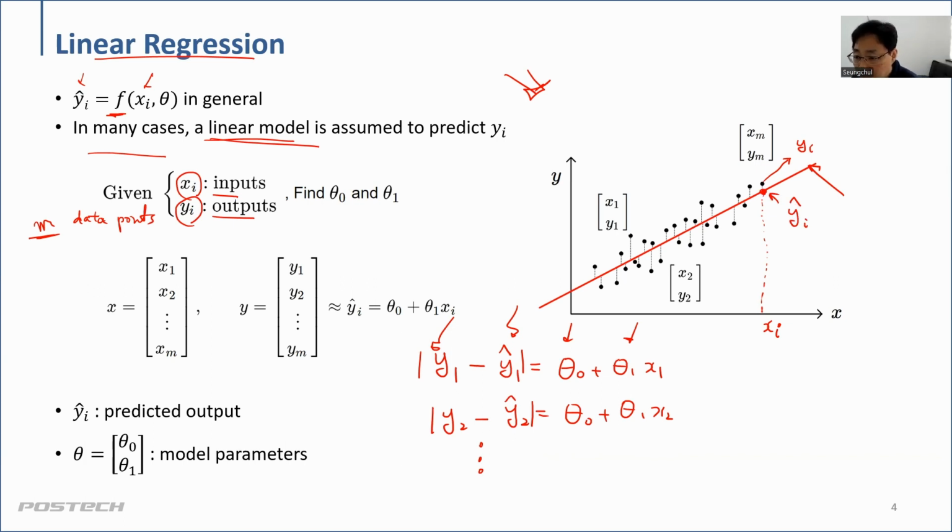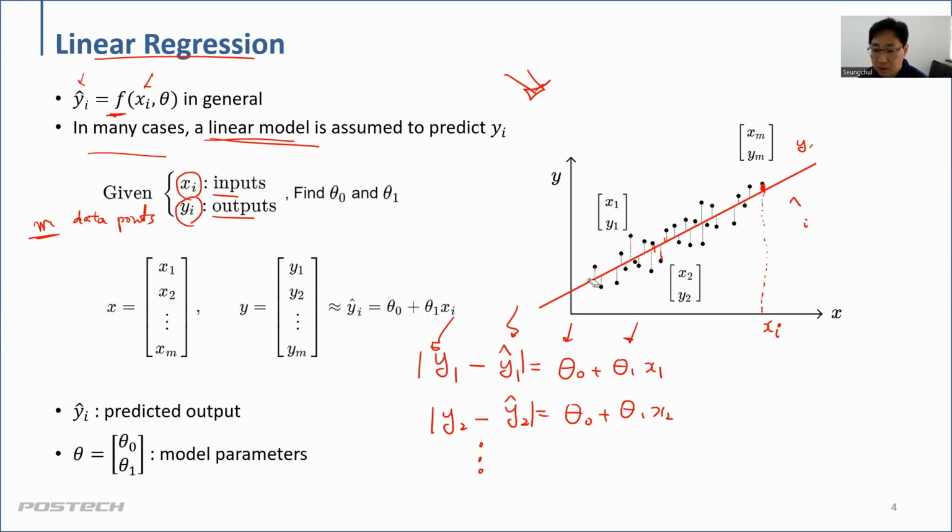The differences between these, we can think of as approximated errors. We can calculate those errors for all the data points, and I want to minimize that.